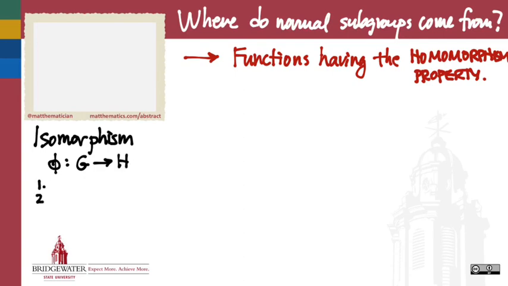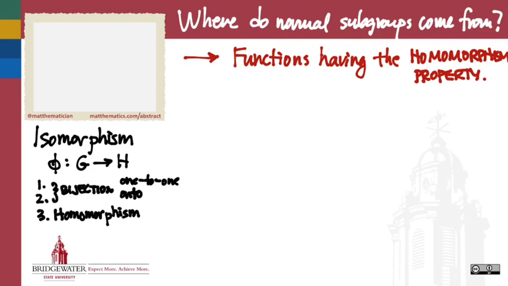But yeah, so on the one hand, we need this function to be a bijection, so it has to be both one-to-one and onto. And then what's the third thing? And the third thing is the homomorphism property. Remind me what the homomorphism property is? It's like the multiplication thing. Yeah, the multiplication thing. Phi of x, let's use x's and y's, let's say. Phi of xy is equal to phi of x times phi of y, where times means different things potentially in these two groups. But yeah, right, so that property.